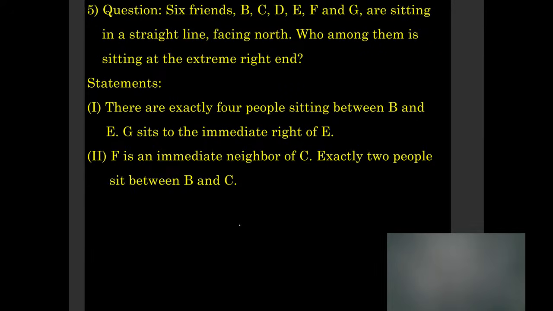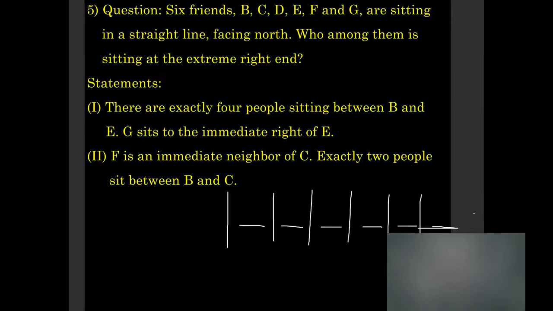Let us take six people: first, second, third, fourth, fifth, and sixth. They are facing towards the north. Our question is, who is sitting at the extreme end?